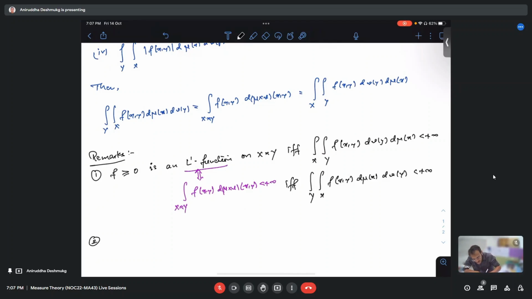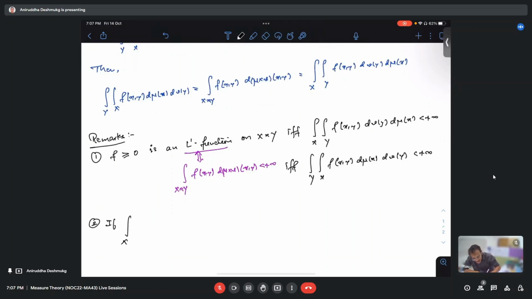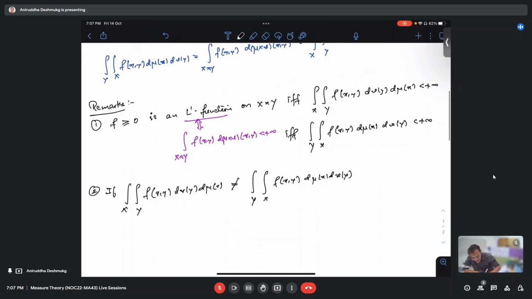Secondly, if integral over X, integral over Y, f(x,y), d nu y, d mu x, is not equal to integral over Y, integral over X, f(x,y), d mu x, d nu y, then f cannot be in L1.